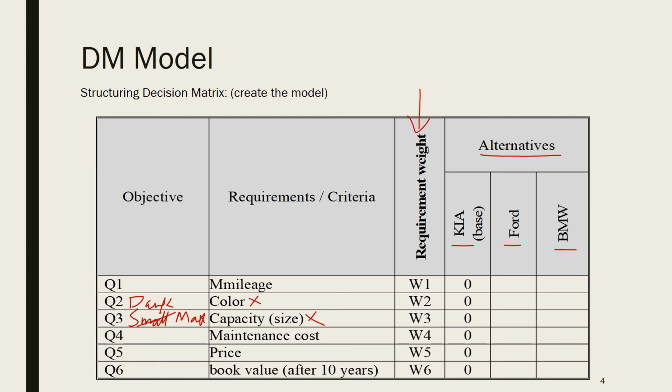For the price, for example, we usually look for the cheapest or the minimum price. In the same way, we can list all the objectives, requirements, and the alternatives in this area of the matrix.